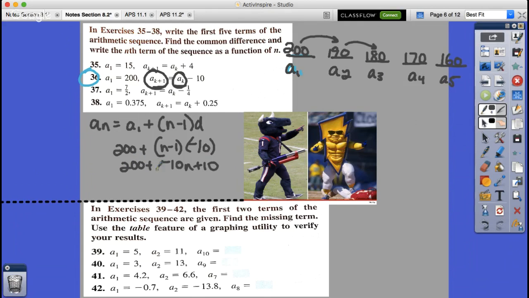We have 200 plus this, and so we would have 210 minus 10n, and that would equal a sub n here. And that right there would be the equation. And again, I could take this and say, okay, what's the 200th term? What's the 100th term? And if you did that appropriately, you should be able to come up with whatever that term would be. Okay.